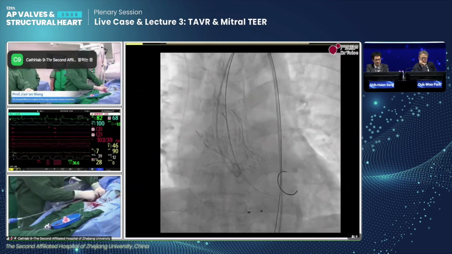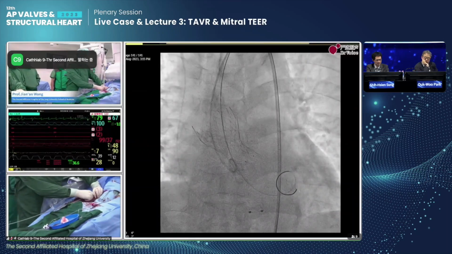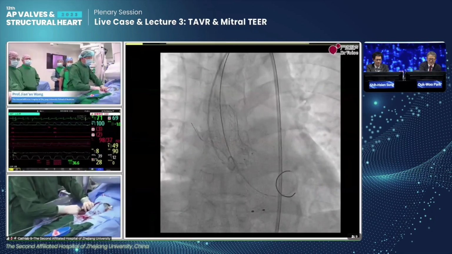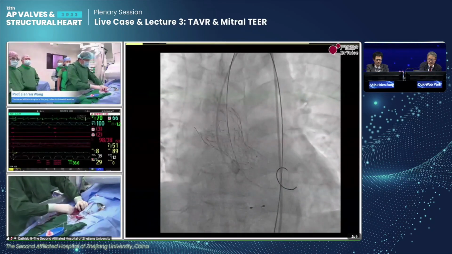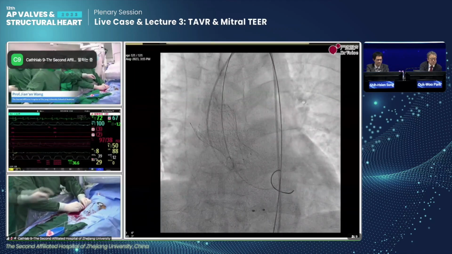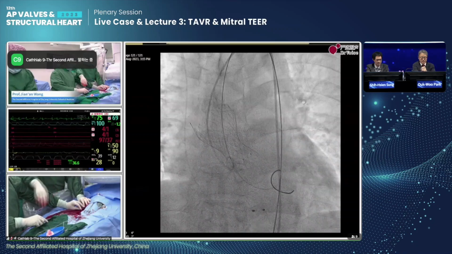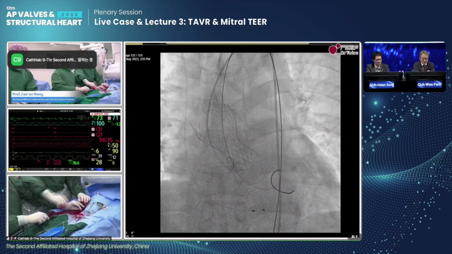Still a little diving, but not much. Wait a moment, insert it. Take this out first. The sheath is not so good.